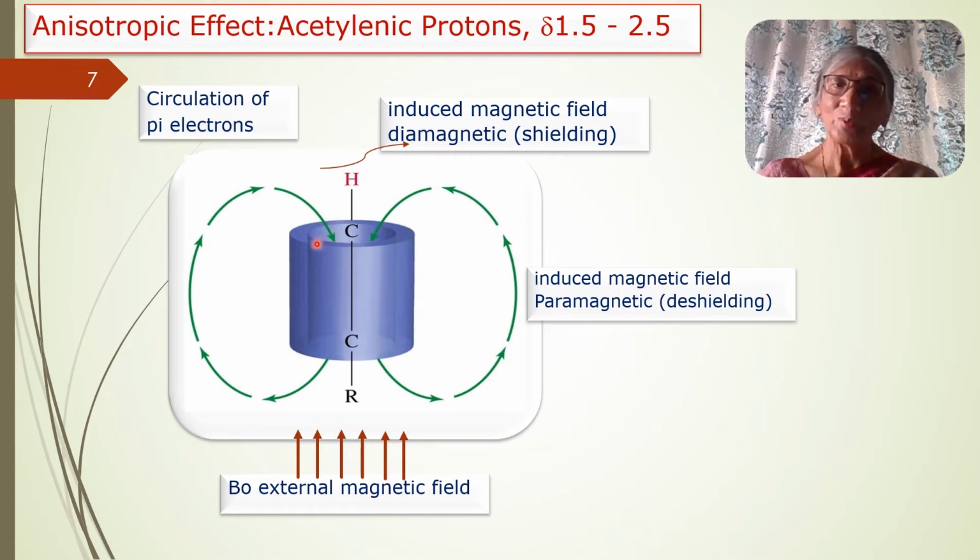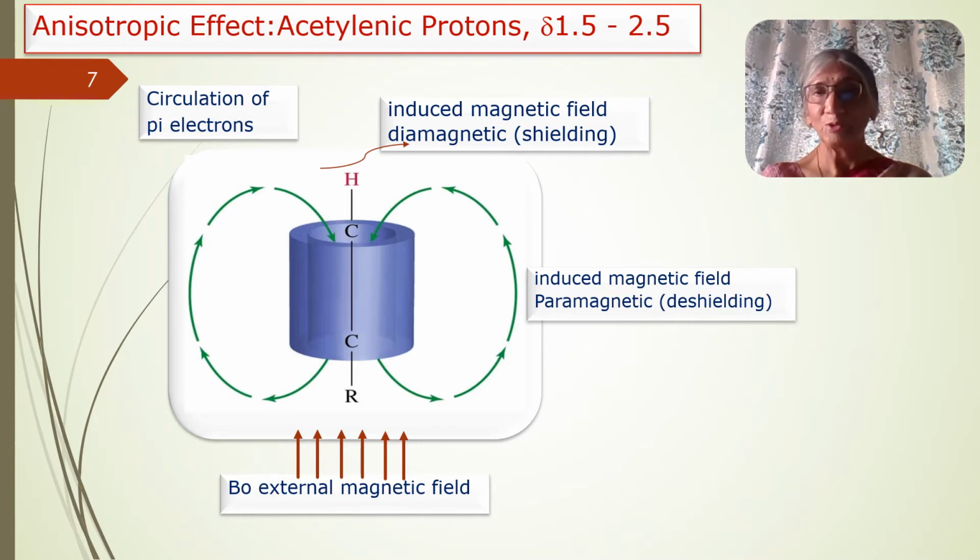Here also, by the circulation of the pi electrons, a secondary magnetic field is generated, and somewhere it is paramagnetic and somewhere it is diamagnetic. The protons are present in the diamagnetic area. Therefore, the acetylenic protons are highly shielded protons. And in the diamagnetic area, as we know, the B0 effective is less than the B0 applied.